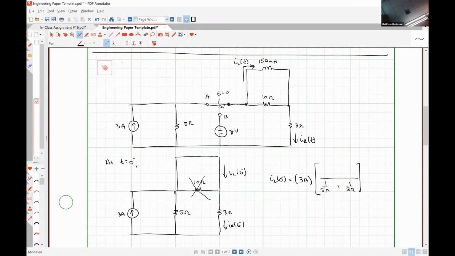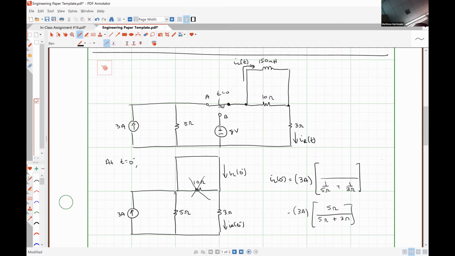Is it the branch I want or the branch I don't want? Don't want. So the don't want equation would be 3 amps times not the reciprocals.